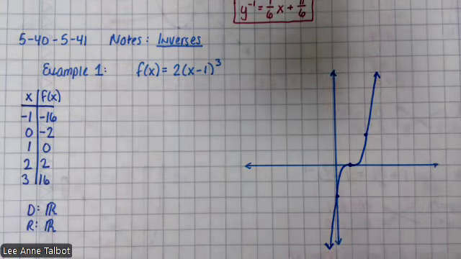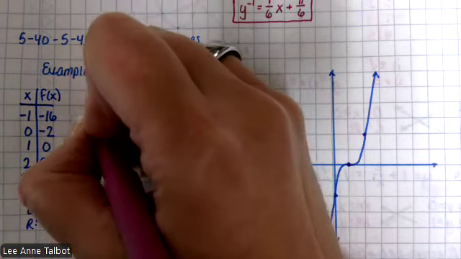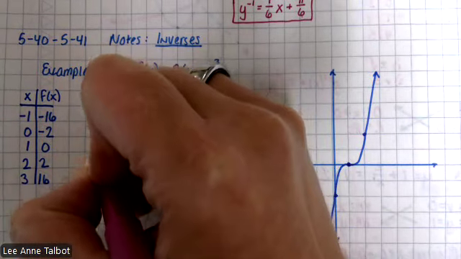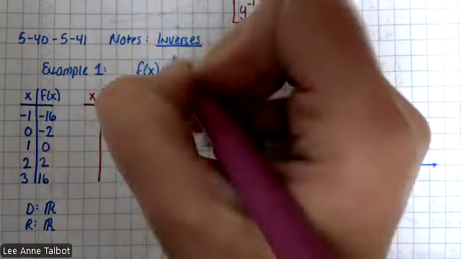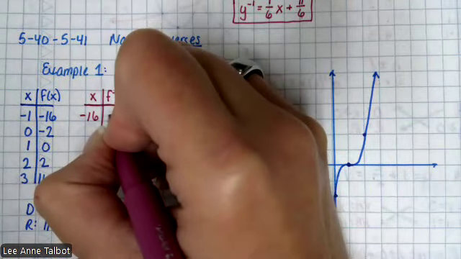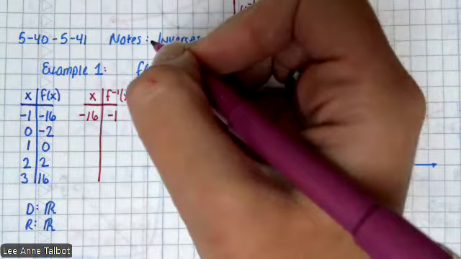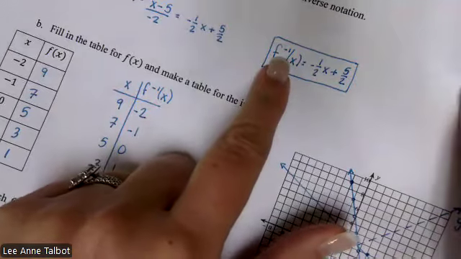Okay, now let's figure out our cube root. Here's a fun question on your entrance ticket that you did today, which isn't really a thing. Did you use proper inverse notation?